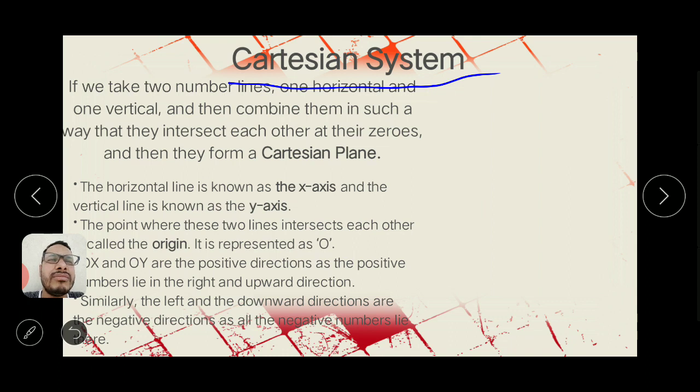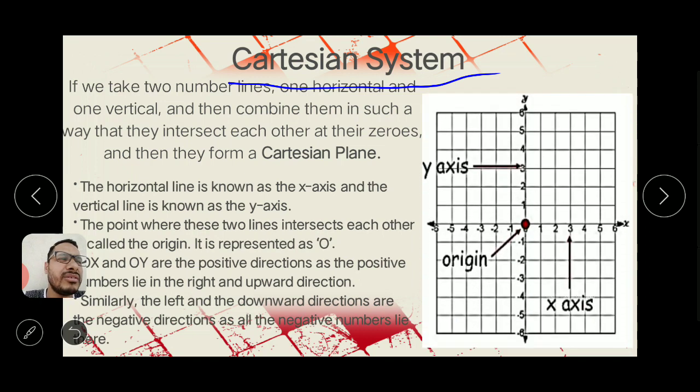If you take two number lines, one horizontal and one vertical, and combine them in such a way that they intersect each other at their zeros, they form a Cartesian plane. This is how it looks. Suppose this point of intersection is called the origin.